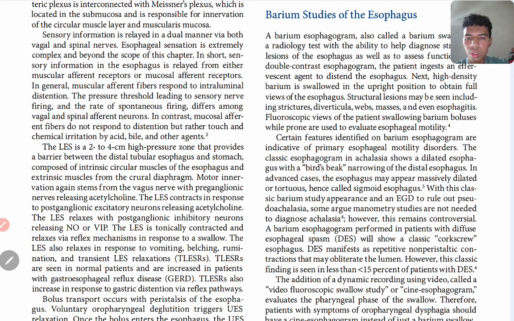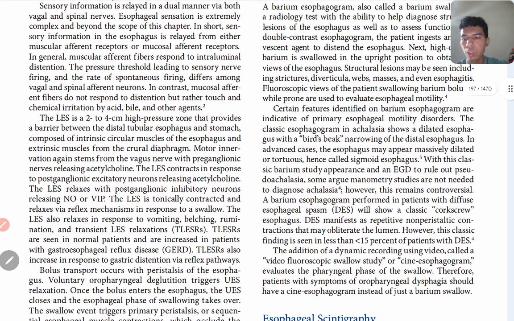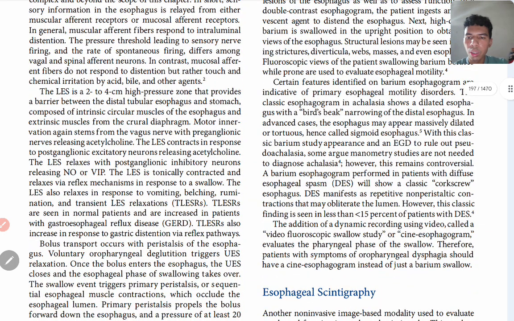The LES contracts in response to postganglionic excitatory neurons releasing acetylcholine. The LES relaxes with postganglionic inhibitory neurons releasing NO or VIP. The LES is tonically contracted and released via reflex mechanism in response to swallow. The LES also relaxes in response to vomiting, belching, and rumination.